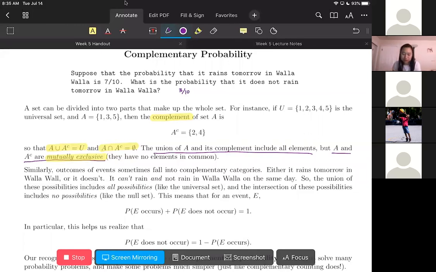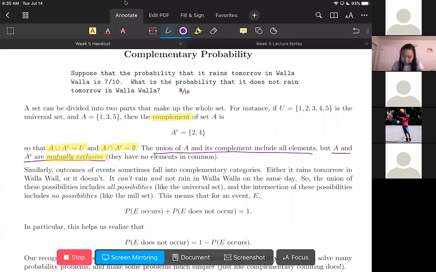So if we union the possibilities where one possibility is it rains and the other is it doesn't rain, then we get all possibilities. And if we intersect those two, raining and not raining, then there's no overlap. So we have this mutually exclusive set where there's only two elements, rain or not rain.